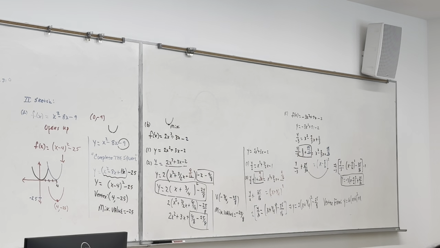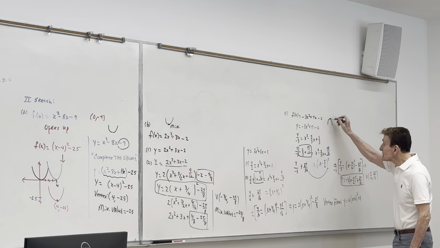I hope so. Now, if it is, I should be able to name the vertex right quickly. The vertex, horizontal shift to the right, what? 7/6. The vertical shift is what? Up 25/12. There's my vertex. And this one was opening down.